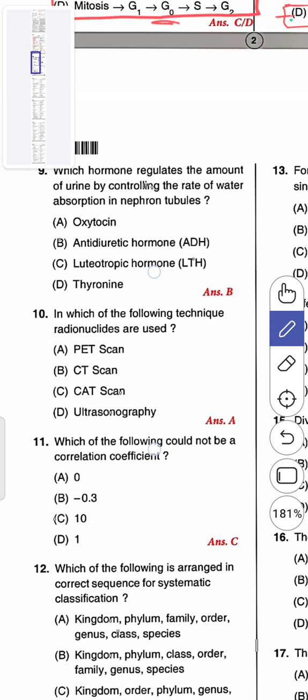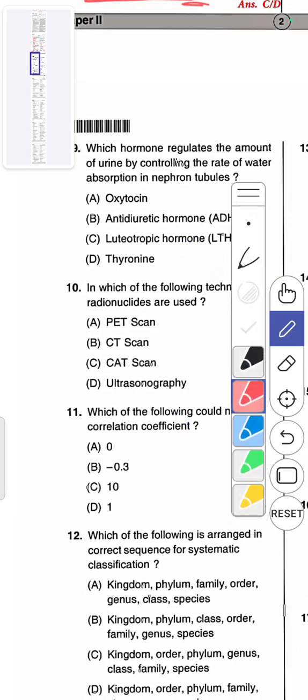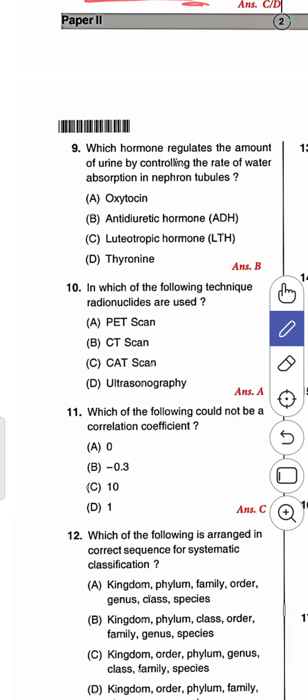The next question: which hormone regulates the amount of urine by controlling the rate of water absorption in the nephron tubules?